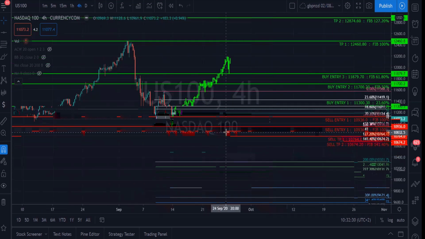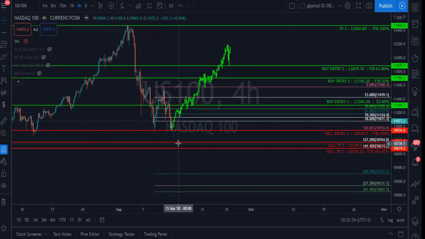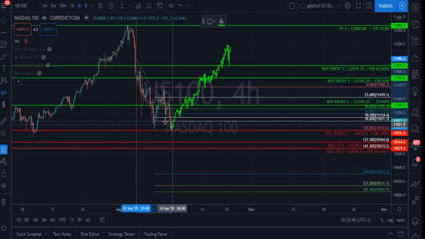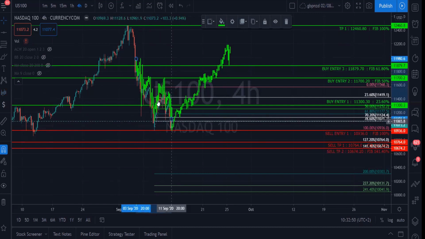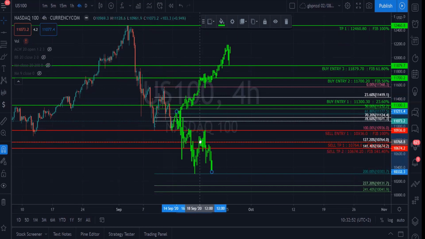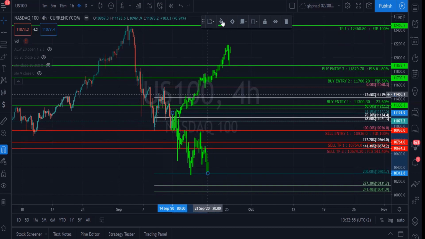And for now, I'm saying I would love to go buys, but in the event that NAS goes in a southerly direction, which is sell, then this is what we would do. We would do that, okay? Mm-hmm.